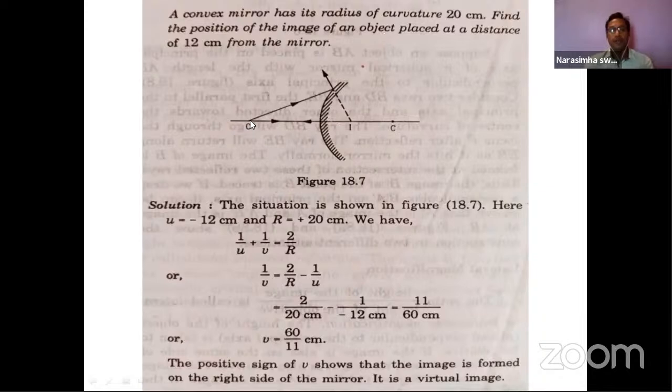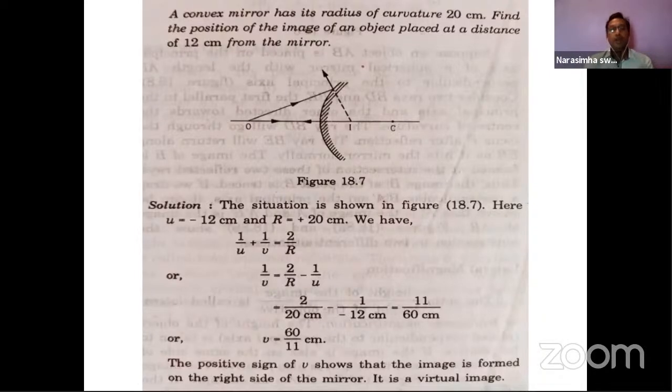So the object is here. Now to draw the line diagram and see where the image will form: from this point object, a minimum of two rays are required to draw the image.